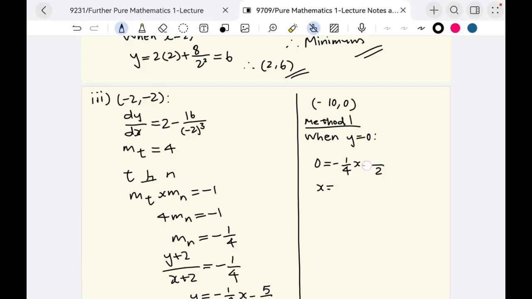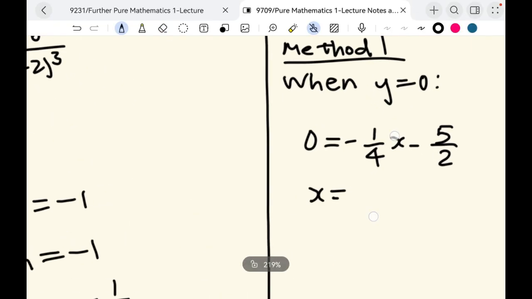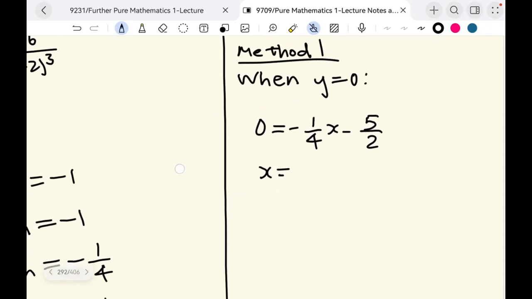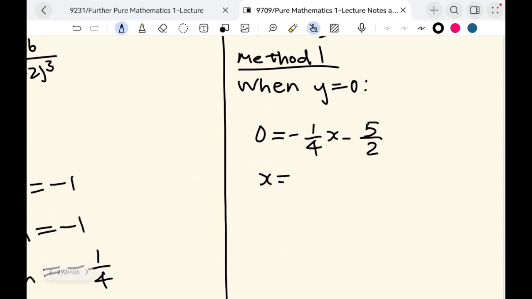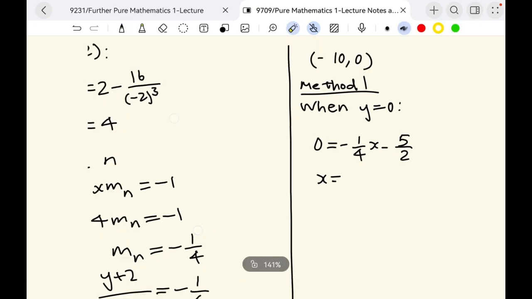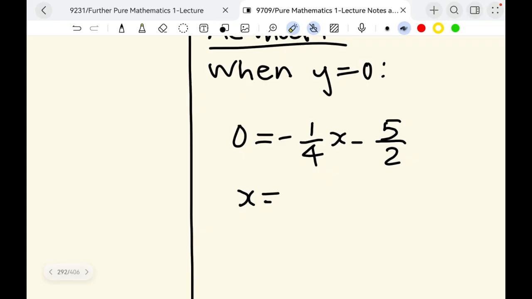Okay. Because just now I spotted that there's a mistake, okay? Alright, so make sure to double check your workings, okay, to avoid careless mistakes. So by right, the x coordinate is 10, therefore shown.